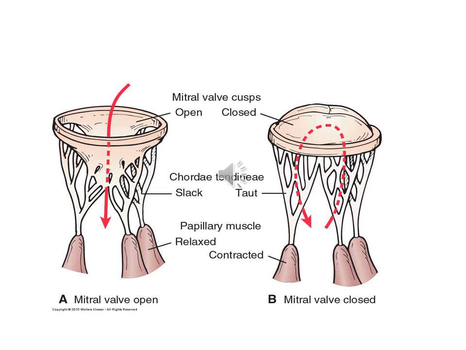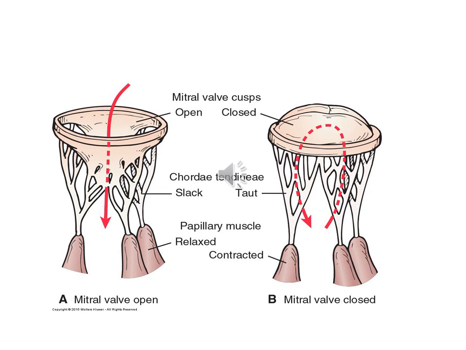As viewed here in picture A, the mitral valve is open, so the blood comes from the atrium toward the ventricle, and the papillary muscle here is relaxed.